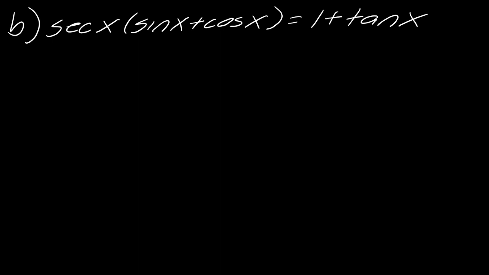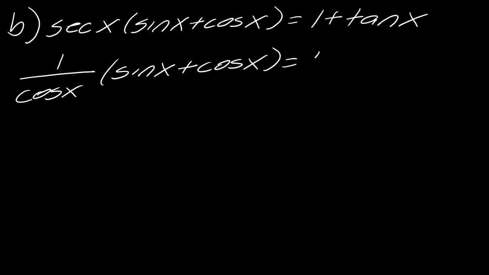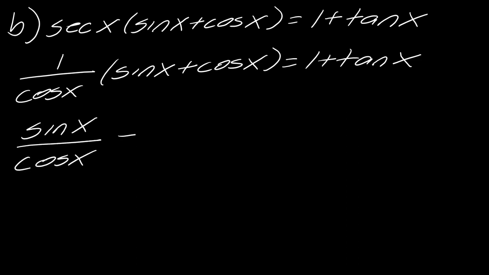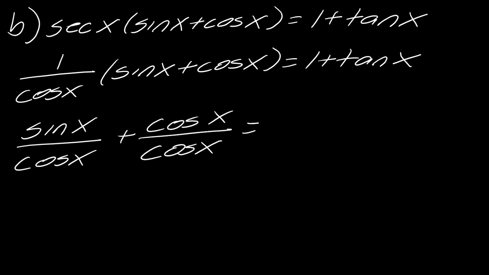Okay, so when I think about this, I know that secant x is the same as 1 over cosine x. So now if I were to distribute here, when I distribute, I get sine of x over cosine x, and then I get cosine x over cosine x. So I'm trying to prove that this equals this.